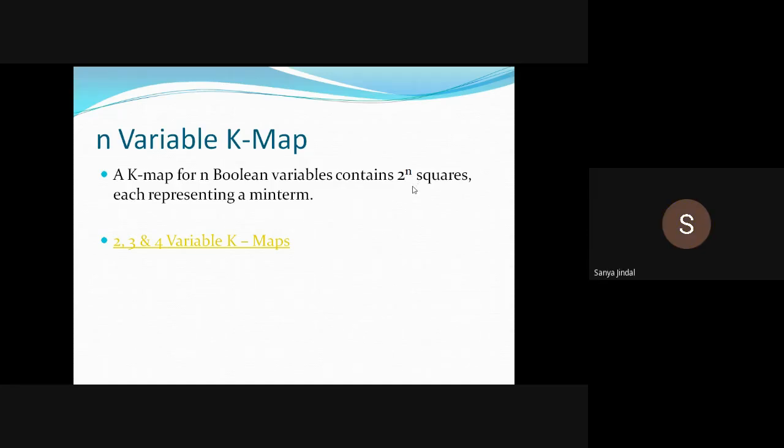Ma'am, because there are 2 to the power n rows in a truth table, and a Karnaugh map is a spatial representation of the truth table only. Very good. As we saw in the last class, a Karnaugh map is drawn out from a truth table.